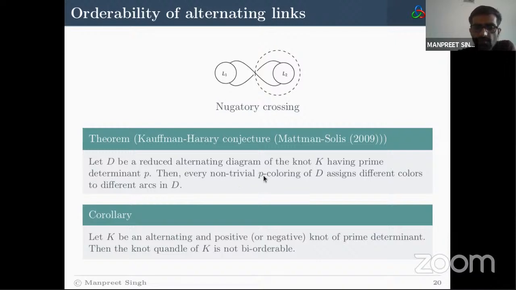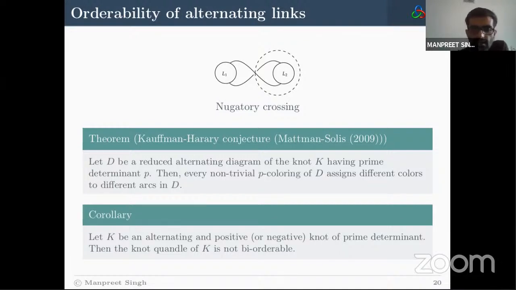By p-coloring, we mean a quandle homomorphism from the knot quandle of K to the core quandle of the cyclic group of order p. Basically, what they have proved is that if the homomorphism is non-constant, then every arc in the diagram D can be labeled with distinct elements of the core quandle of the cyclic group of order p.